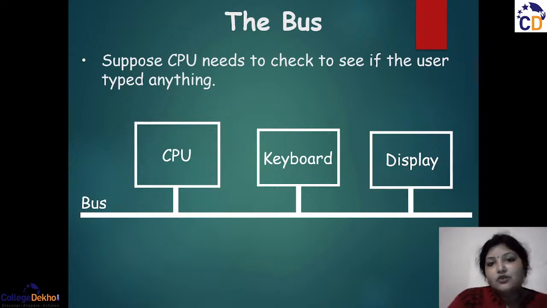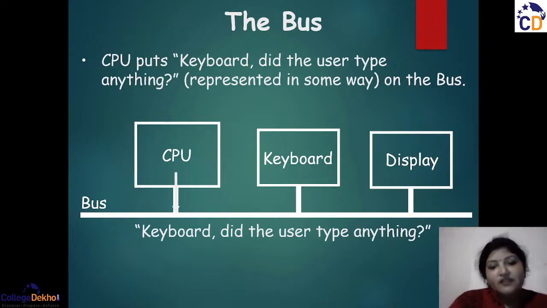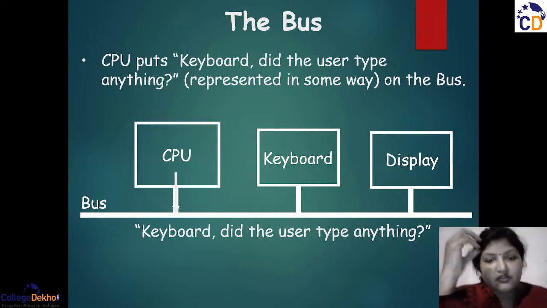The CPU needs to check to see if the user typed anything. How is it going to check? From the keyboard: did the user type anything? And the CPU puts that question, represented in some way, on the bus. So it's the brain of the computer which checks everything.